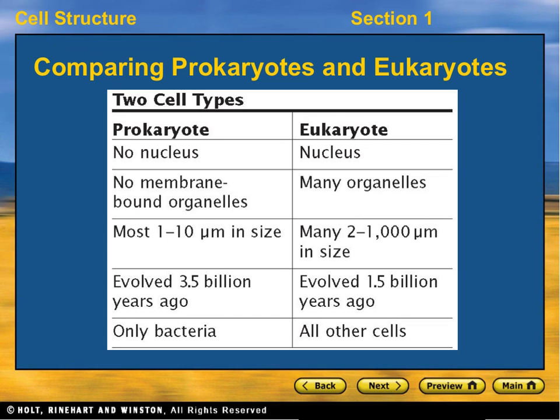The prokaryotic cell is about 3.5 billion years old, whereas a eukaryotic cell has evolved over time, and these are only about 1.5 billion years old. And then prokaryotic cells are only bacterial cells, whereas eukaryotic cells are all other cell types. So these are the key differences between the prokaryotes and the eukaryotes.